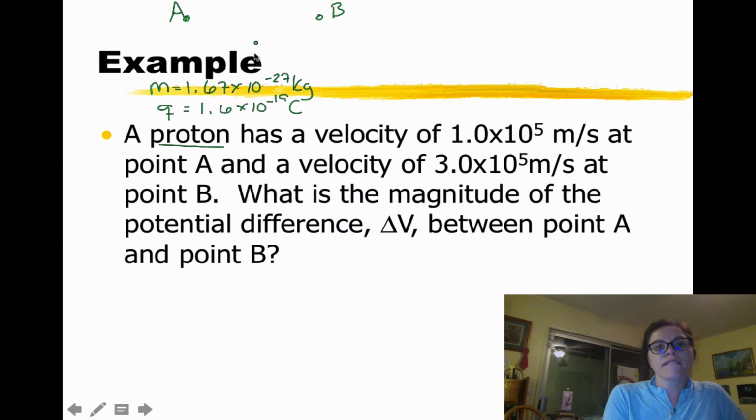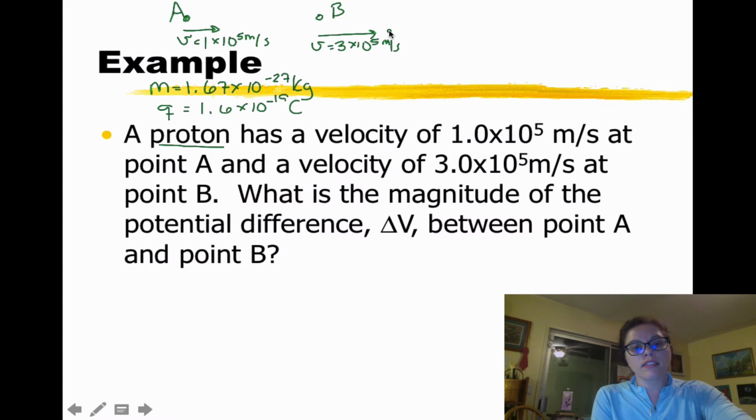The velocity at point A is 1 times 10 to the 5th meters per second, and the velocity at point B is 3 times 10 to the 5th meters per second.